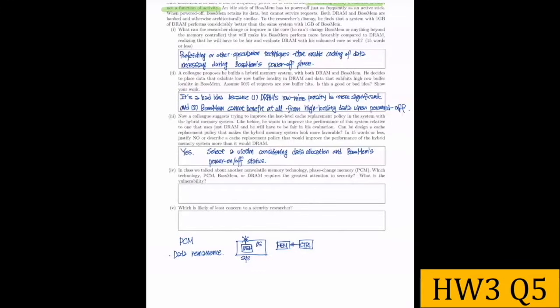If the memory device still retains the data, then the adversary can easily obtain the confidential or private data stored in the memory device. And we call this problem the data remanence problem.